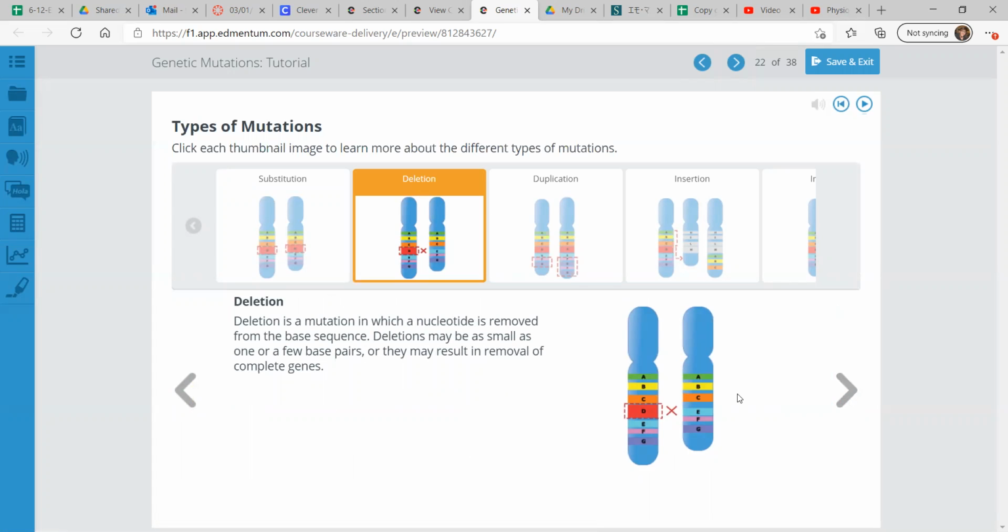We have deletion. That is when a mutation removes a nucleotide from the base sequence. Deletions may be as small as one or a few base pairs, or they may result in removal of complete genes entirely.